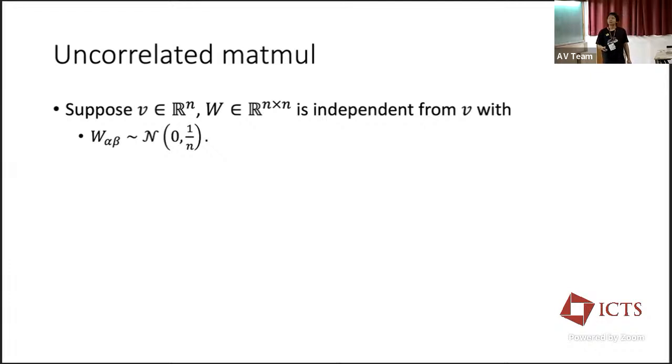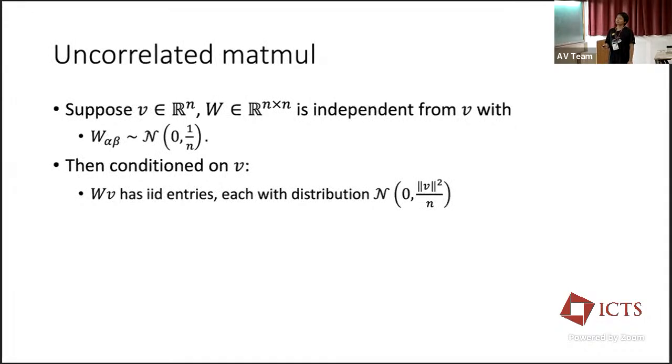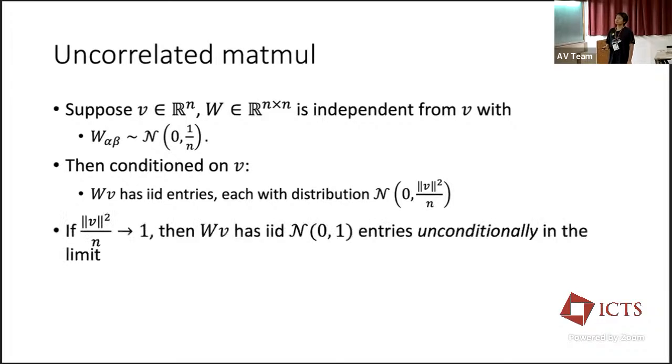Then conditioned on v, Wv has IID entries, each with distribution zero mean Gaussian with variance norm v squared divided by n. This is just a very routine calculation using very basic probability theory. In particular, when norm v squared over n converges to something deterministic, let's say 1, then Wv has IID standard Gaussian entries unconditionally in the limit.